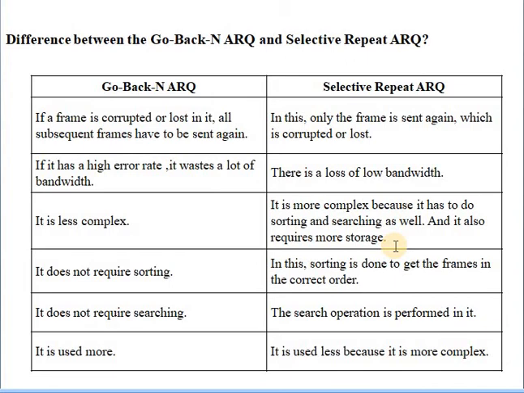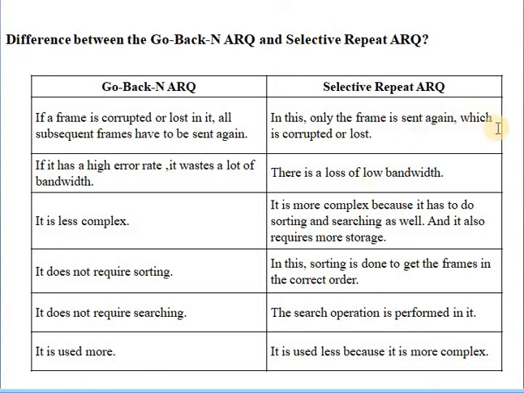Go Back N does not require sorting. Here in Go Back N there is no need for sorting, but in selective repeat ARQ there is a need, because sorting is done to get the frames in the correct order: the sender sends only the frame which is corrupted or lost, so it arrives out of sequence.